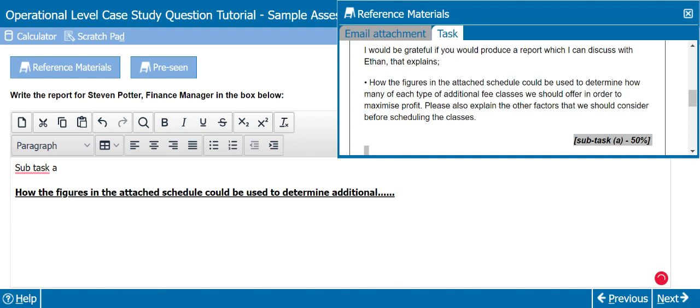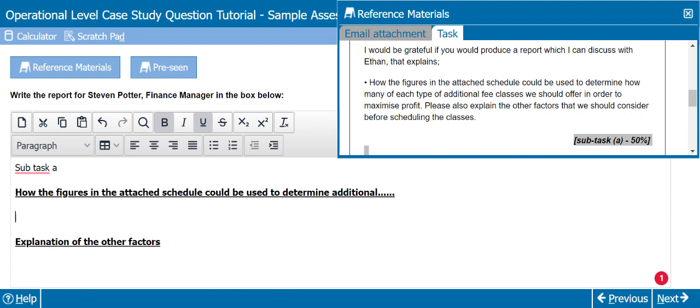And then the second part of it, right? Explanation of the other factors, right? That's enough, right? So then you can have it again like this, bold and underline. So remember, now you are going to answer these two major exam requirements under the subtask A, right?